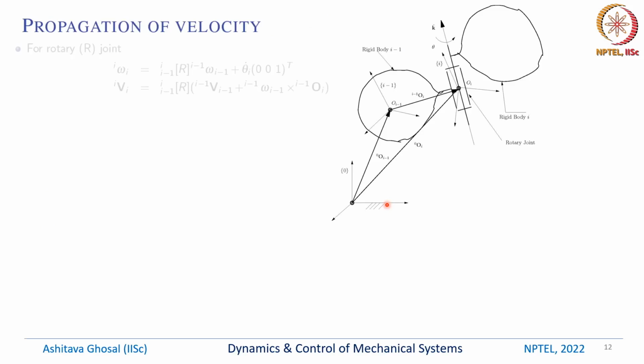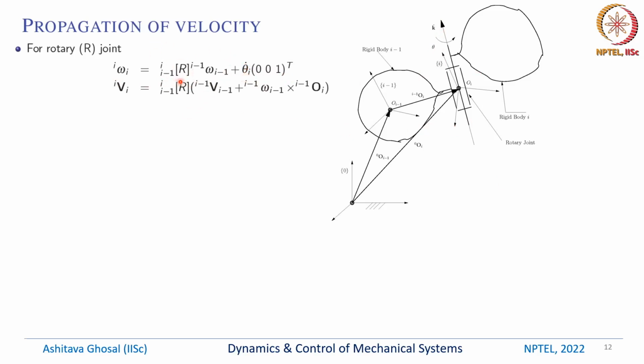So let us look at propagation of velocity in summary. For an r joint, the angular velocity of the ith link in terms of the I minus 1th link is nothing but the angular velocity plus theta I dot times 0, 0, 1, assuming again that the rotation axis is the z axis.